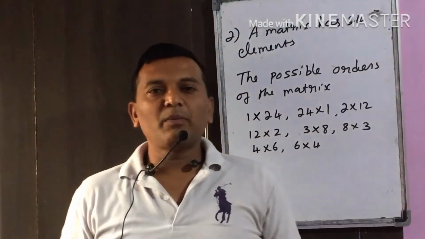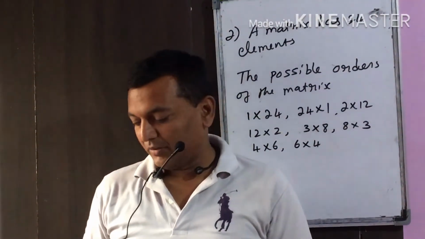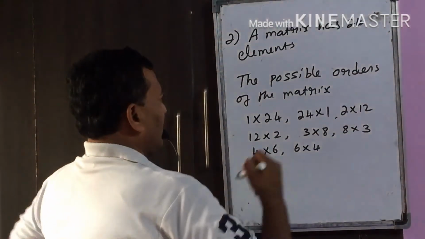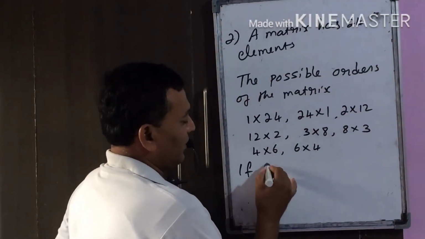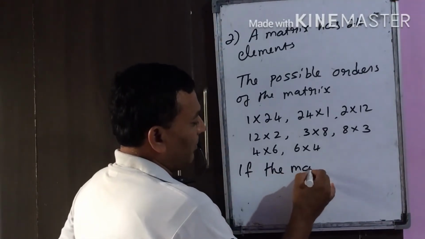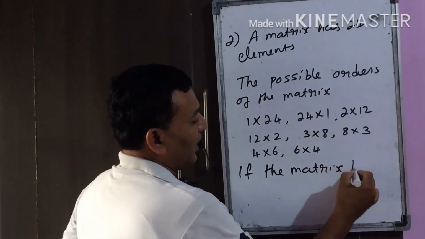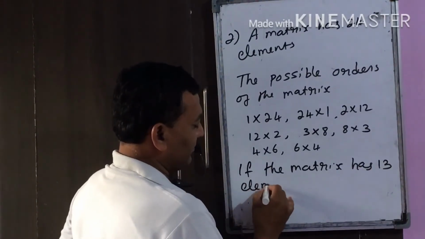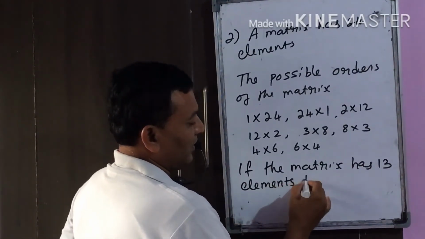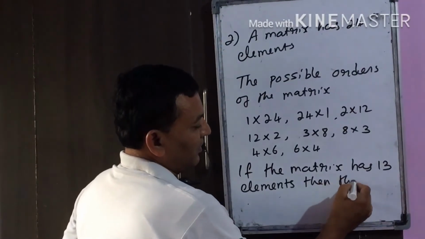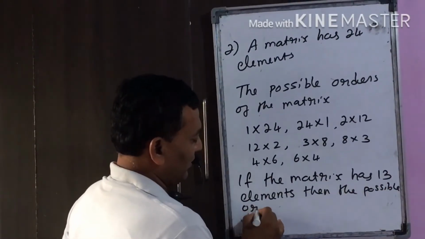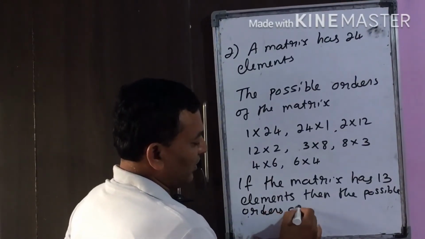What if the matrix has 13 elements? Then the possible orders are very simple.